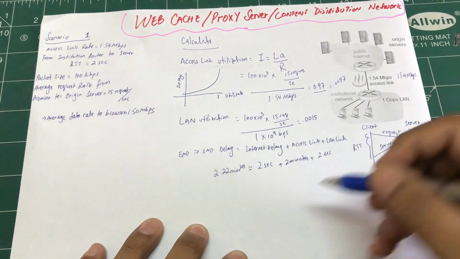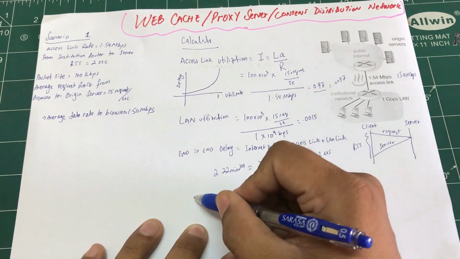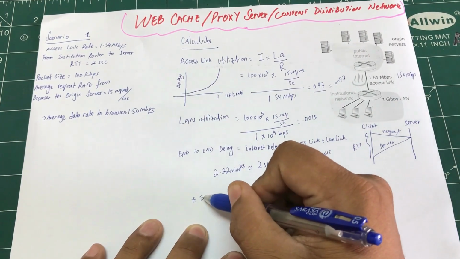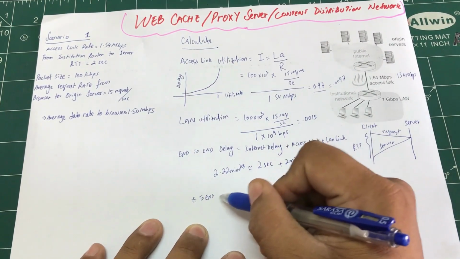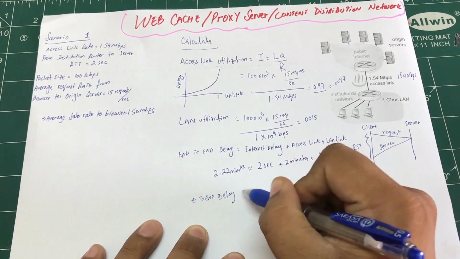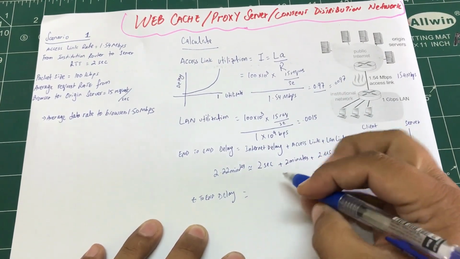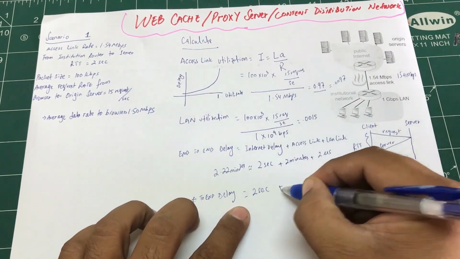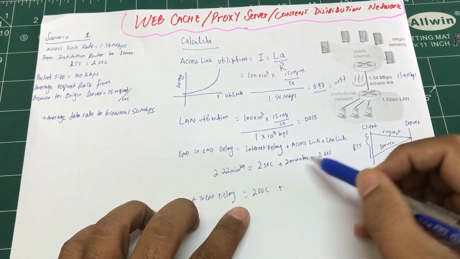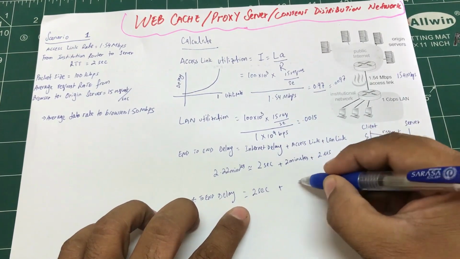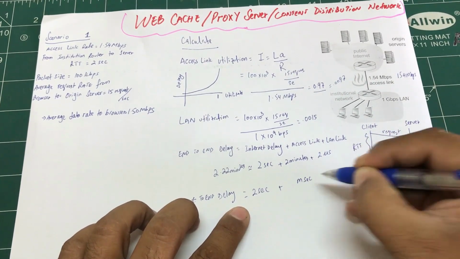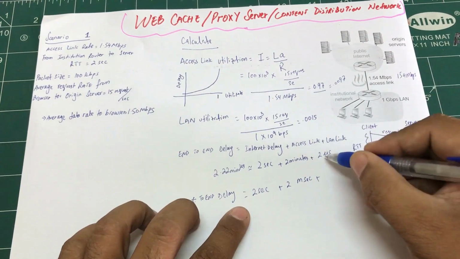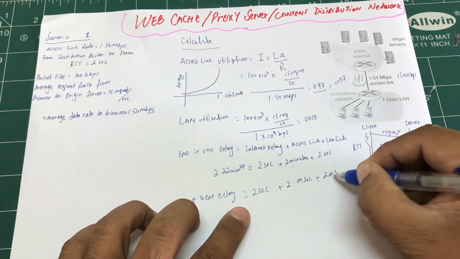Once I increase my bandwidth, this delay will change. Now when I calculate my end-to-end delay, my utilization is less. The internet RTT is still 2 seconds. Now this delay, which was in minutes, will be in milliseconds, let's say 2 milliseconds, and this will still be around 2 microseconds.